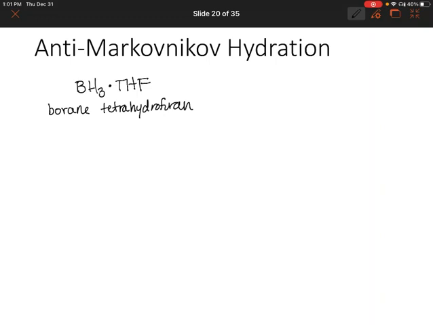Tetrahydrofuran has an oxygen in a ring with 4 carbons, and then the borane is attached to that oxygen. So this is one of those adducts that we talked about previously, because remember, boron has an empty p orbital, and it can accept electrons. So in this case, it accepted electrons from an oxygen in this ring. So the oxygen is now positively charged, and boron is now negatively charged.